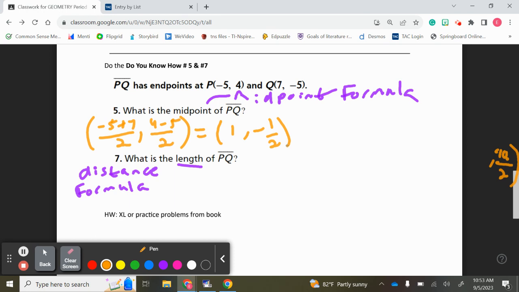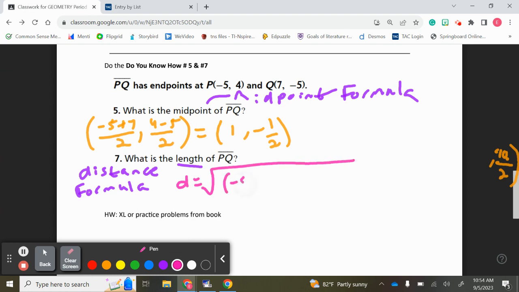Okay, distance formula. Now, keep in mind, because I did notice this walking around the room, this wasn't just one person, you don't get a point for the distance formula. Distance is a length, so you get like a total measurement, okay? So you should have like a number there, or decimal, or something like that. So my setup looked like this.